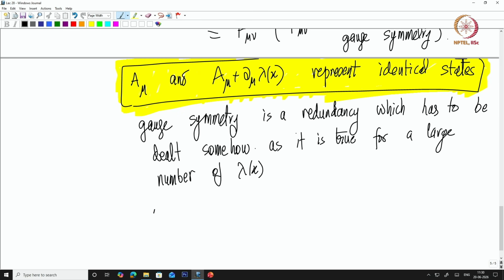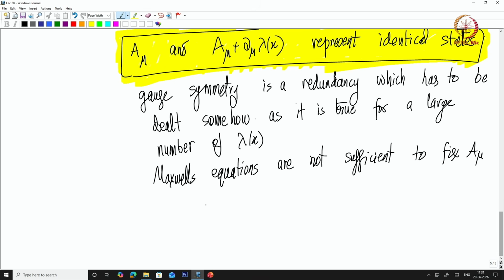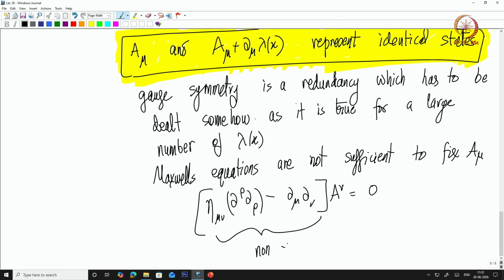So Maxwell's equations are not sufficient to fix A mu, because the equations of motion, eta mu nu del squared minus del mu del nu, acting on A nu, equal 0, are non-invertible.